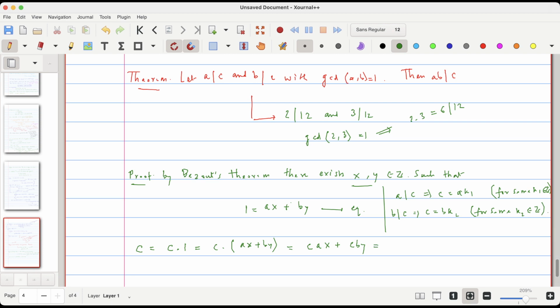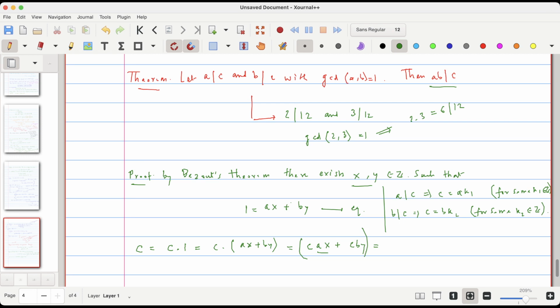Now let us modify this as follows. In C times ax, I can change C, now I have ax over here, right? I finally need to show that AB divides C. So I need to take AB common out from this whole thing, right?